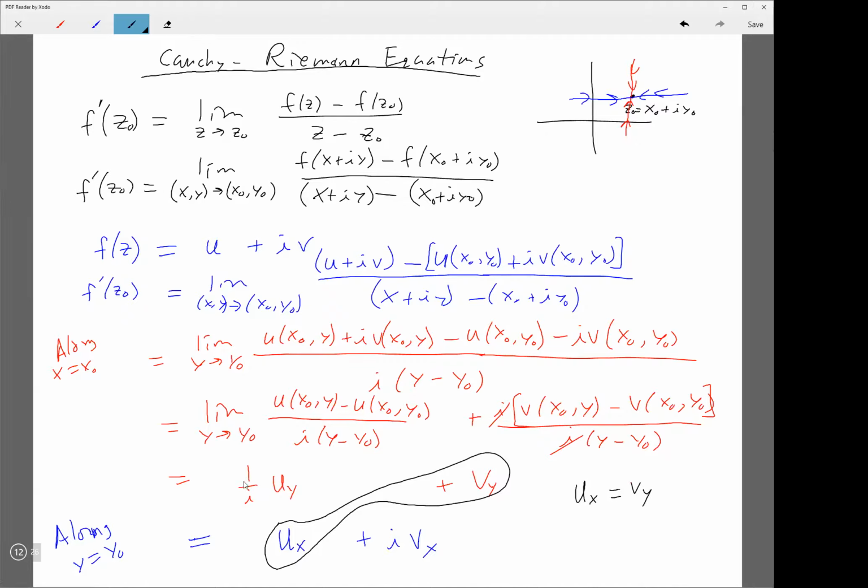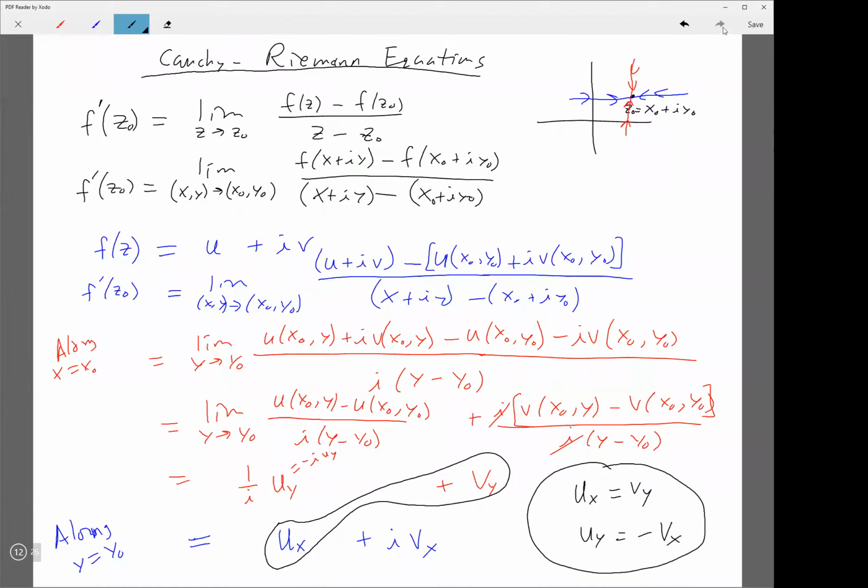And then here, 1 over i is the same as negative i, so it's negative uy. So then uy has to be negative vx. Okay, and then these are the Cauchy-Riemann equations. You need to memorize these equations right here.